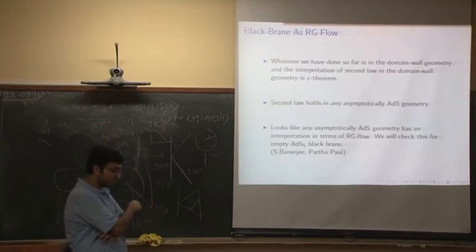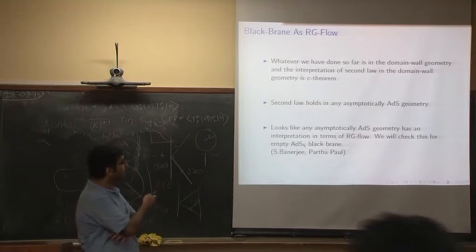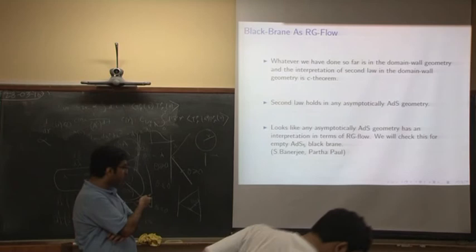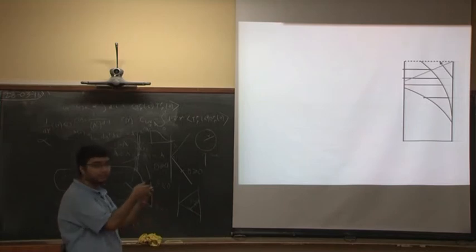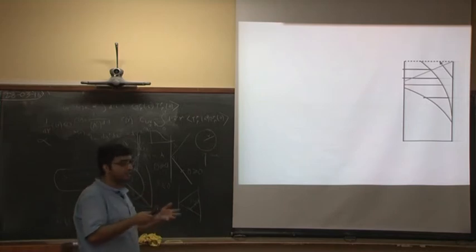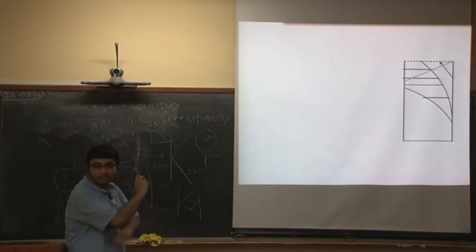The dual field theory is a thermal field theory. So let's consider a black brane formed. There is no higher curvature term, nothing. It is just pure Einstein gravity.